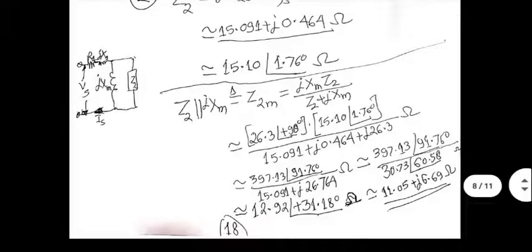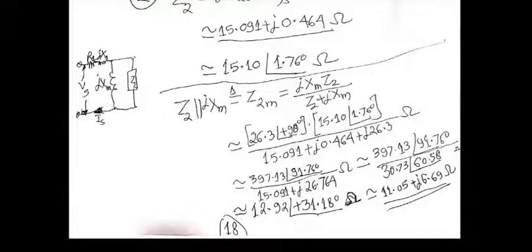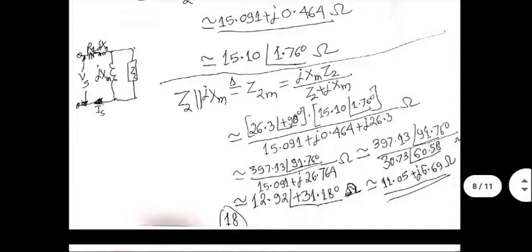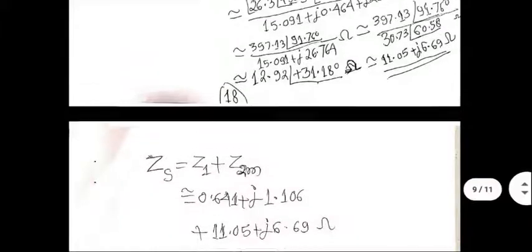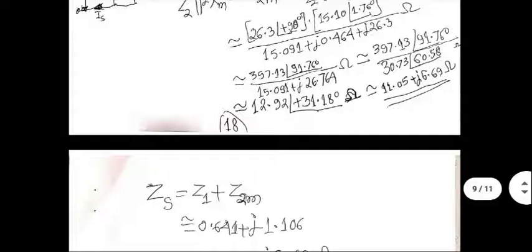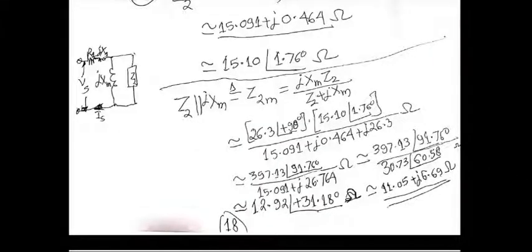Now that impedance will further see R1 plus jX1. I'm trying to calculate the total impedance in the stator circuit. So R1 plus jX1 plus this entire thing that we got will be the total impedance from the stator side. Z1 plus Z2M, I'm calling this Z2M, I think.